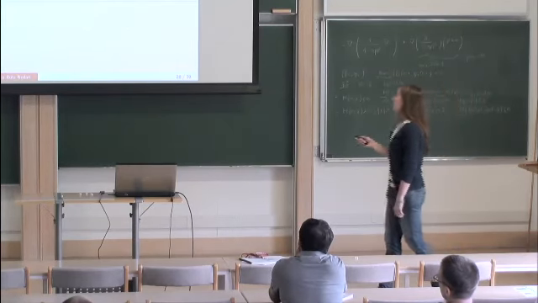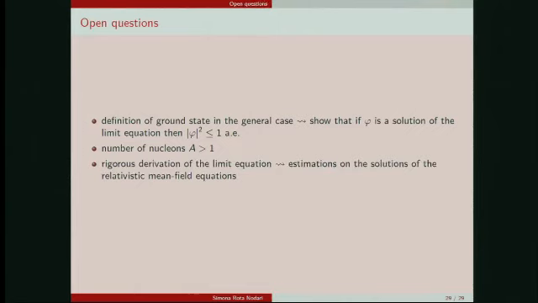And my last slide is for some open problems. First of all, we would like to give a good definition of ground state in all the cases, and for this we would like to show that if phi is a solution of the limit equation, then the square of the norm of phi is smaller than or equal to 1 almost everywhere.